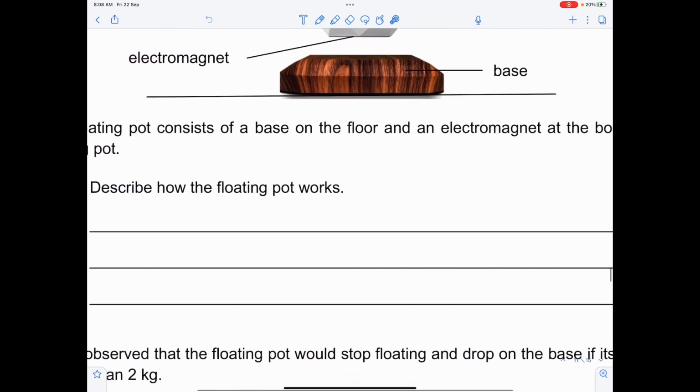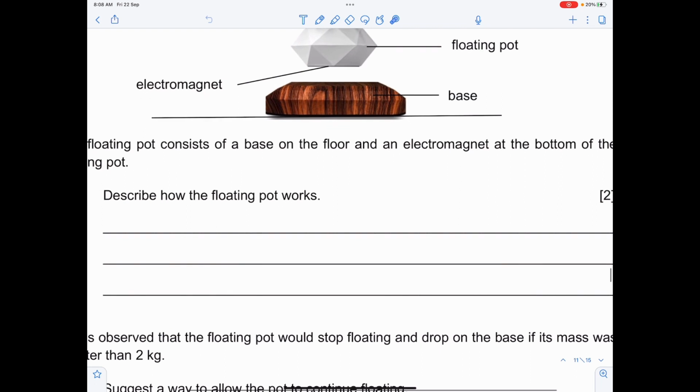So let's translate that into an answer. We would say that the base contains or has a magnet. Let me redo this.